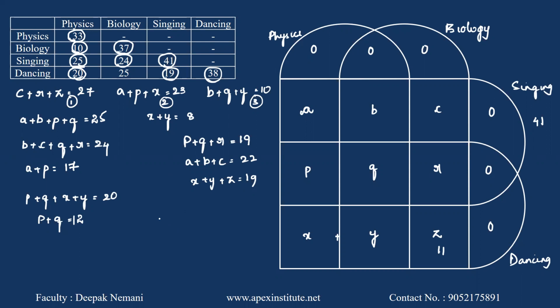So this is nothing but Q plus R plus Y plus Z, 11, and this is equal to 25. So Q plus R plus Y is equal to 14. Now do we have Q plus Y somewhere? No.